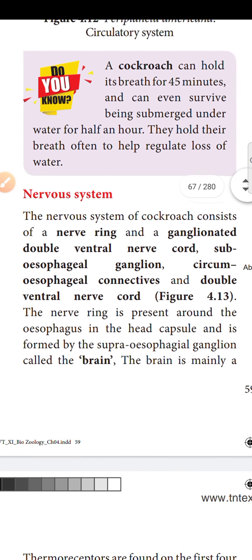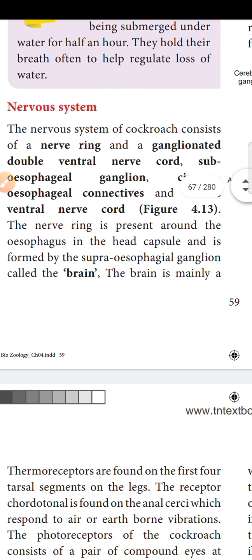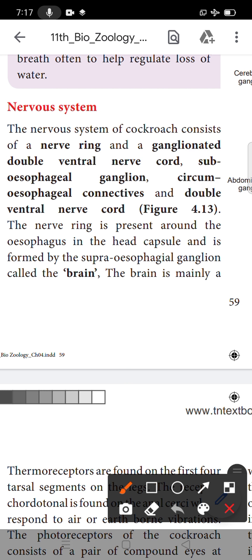Okay, we will see the next topic, the nervous system. The nervous system is the study of the nerves. Yes or no? Yes. So we will see the nervous system of Periplaneta americana. The nervous system of the cockroach consists of the nerve ring and a ganglionated double ventral nerve cord.